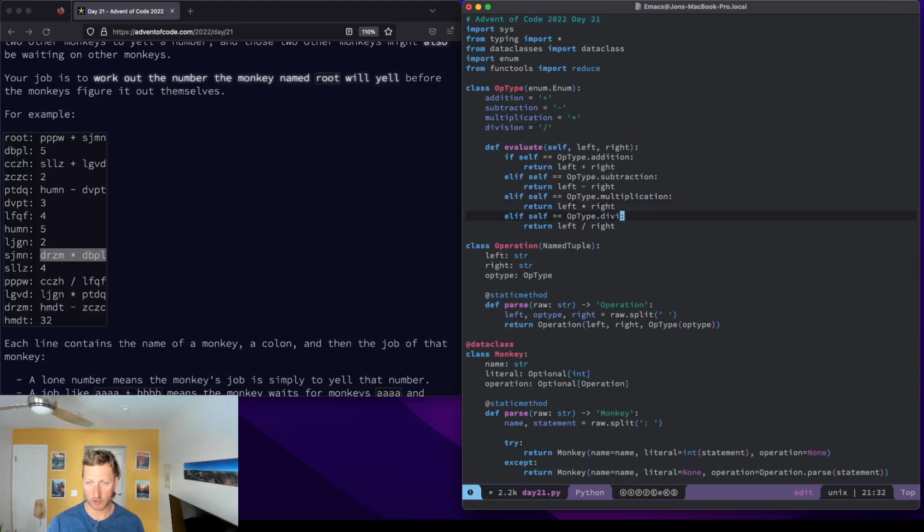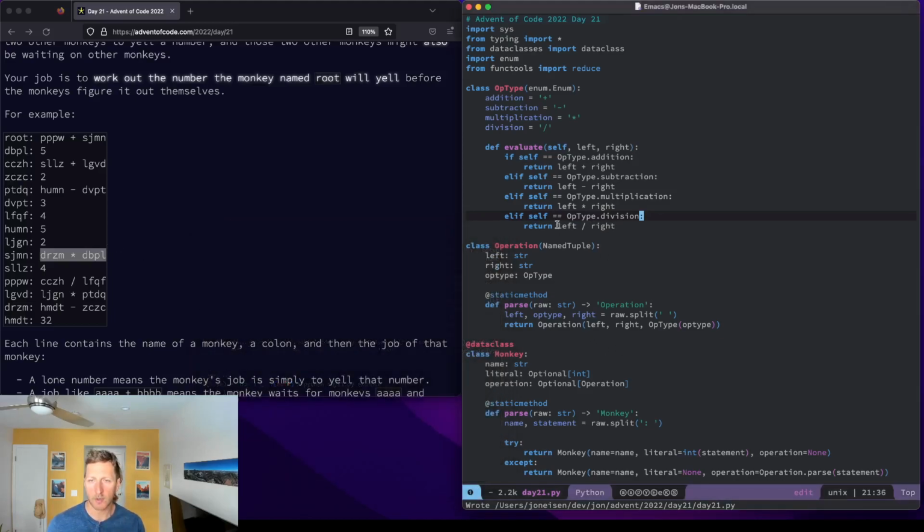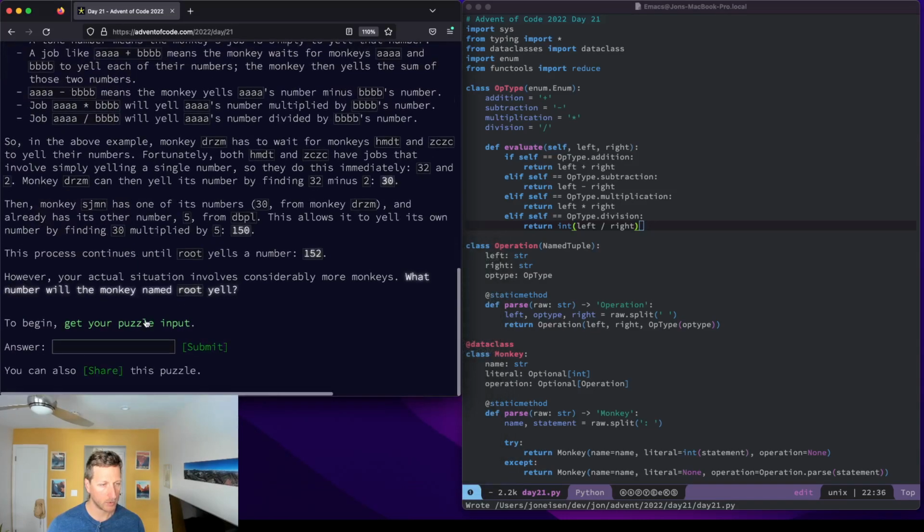This is division. Nice. Okay, so we're ready to run it. 152. Nice. We can int cast this so we don't get float stuff, and then input. Ready to go.